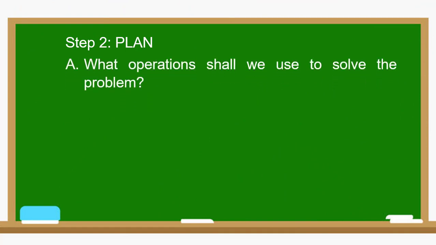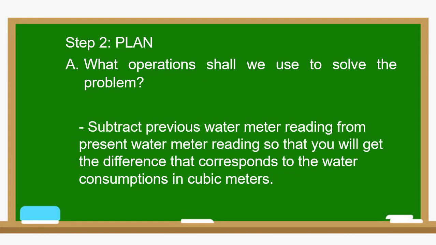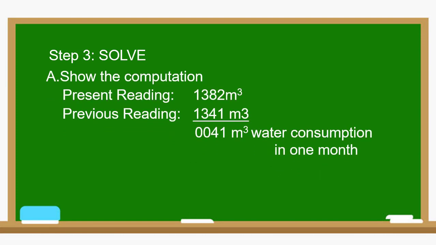Step 2. Plan. What operation shall we use to solve the problem? Subtract previous water meter reading from present water meter reading so that you will get the difference that corresponds to the water consumptions in cubic meters. Step 3. Solve. Letter A. Show the computation.